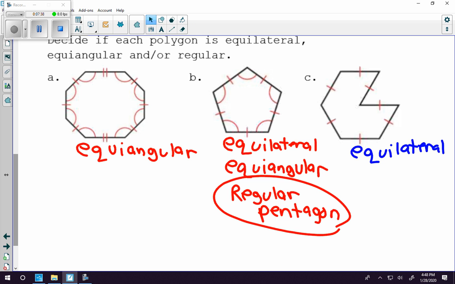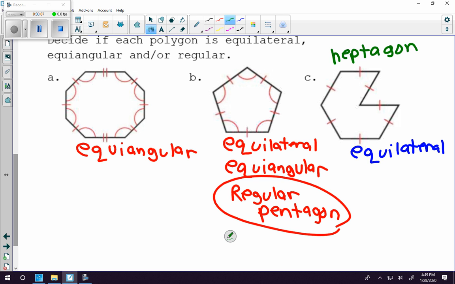And now I'm checking to see if the heptagon is actually equiangular. There's not actually enough information given to decide what we know about the interior angles. But if you want to go off assumptions, which technically we shouldn't do, it appears that the interior angles are different measures. So this heptagon is only equilateral.